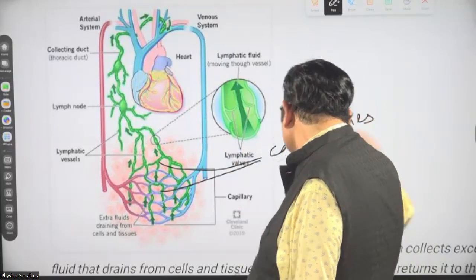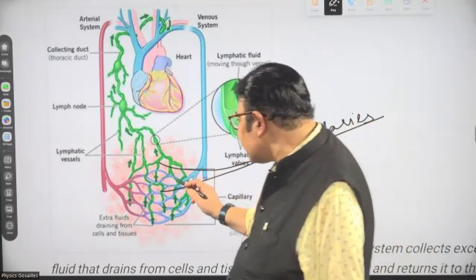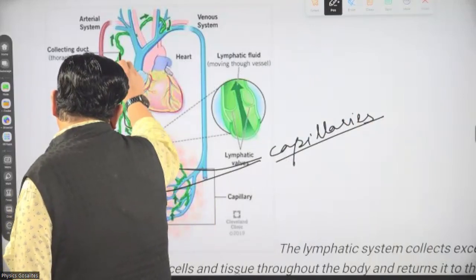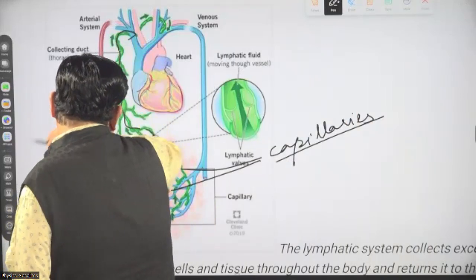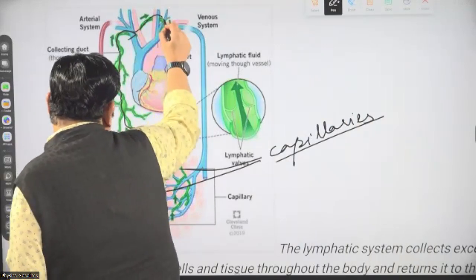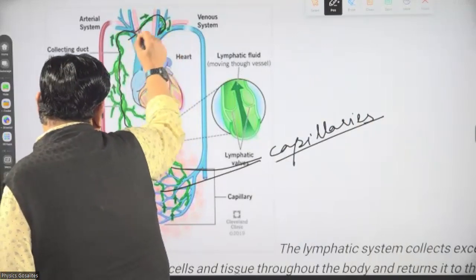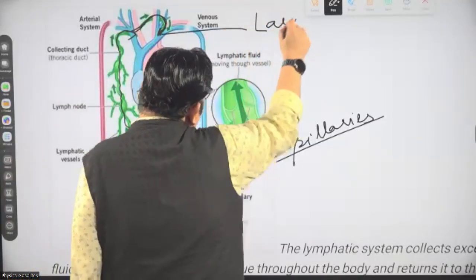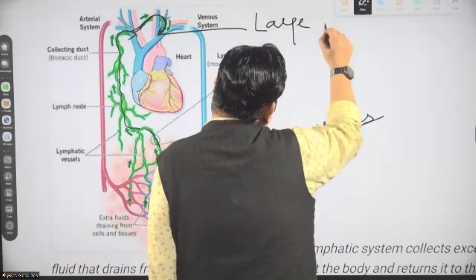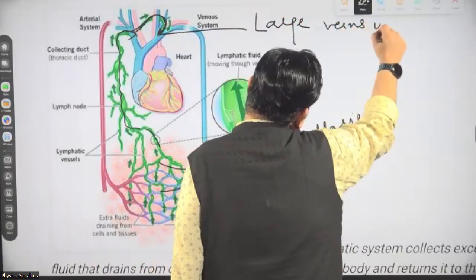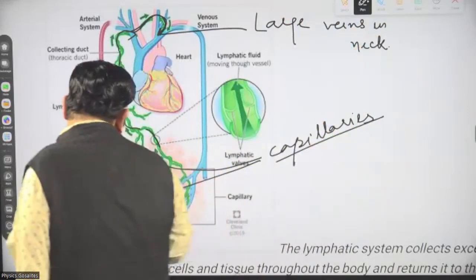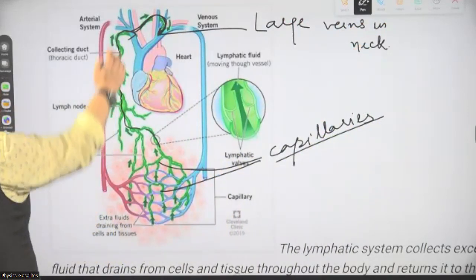These capillaries collect that extra fluid, and then that extra fluid goes and returns to the venous system. It is returned to the large veins in the neck. In the neck region, this extra fluid which is left actually returns back.